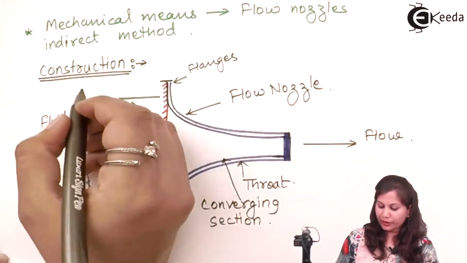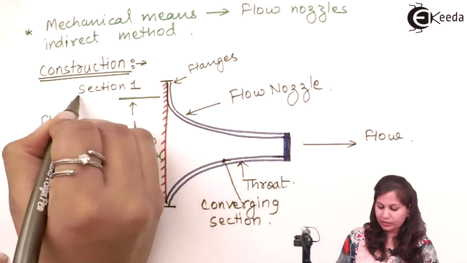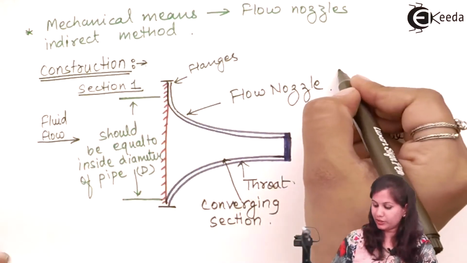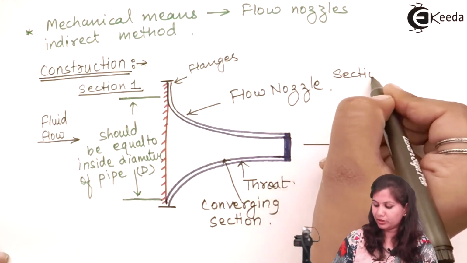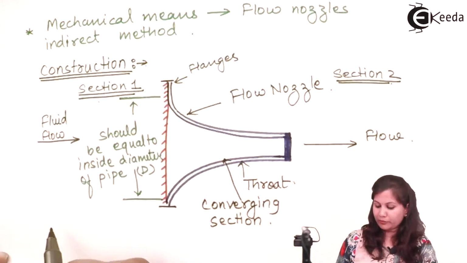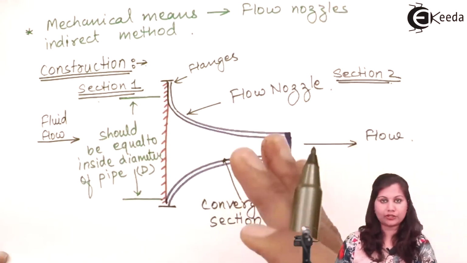So first we are going to measure the pressure at this point, that is section 1, and after coming out of the flow nozzle, here also we are going to measure the pressure, which is section 2. So two measurements of pressure are done, one at section 1 and the other at section 2.